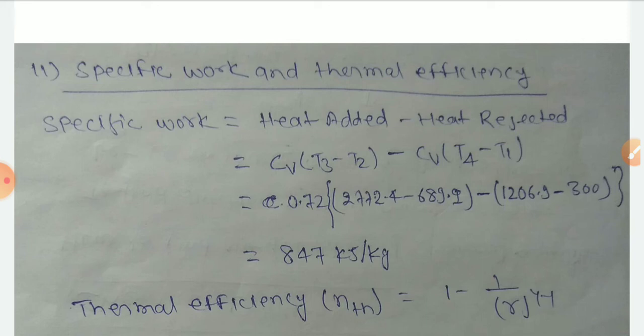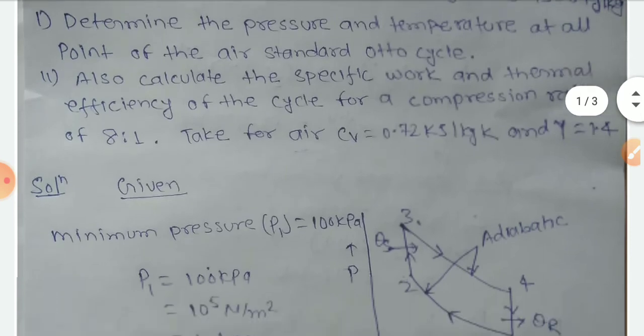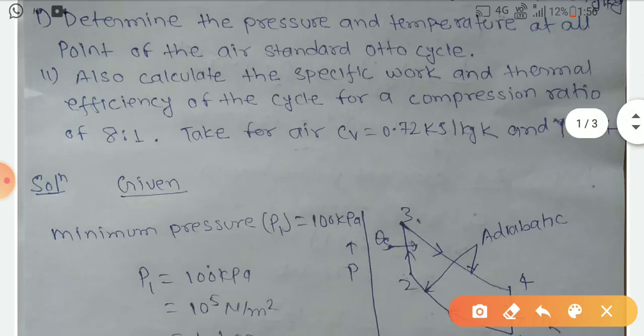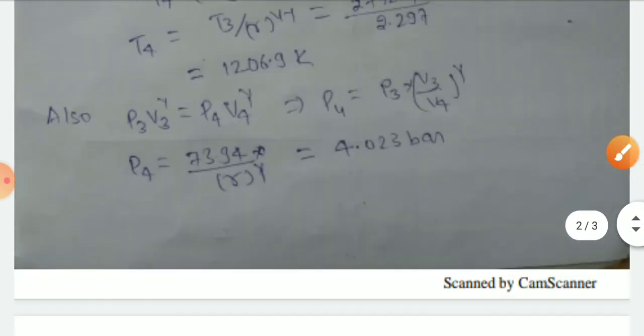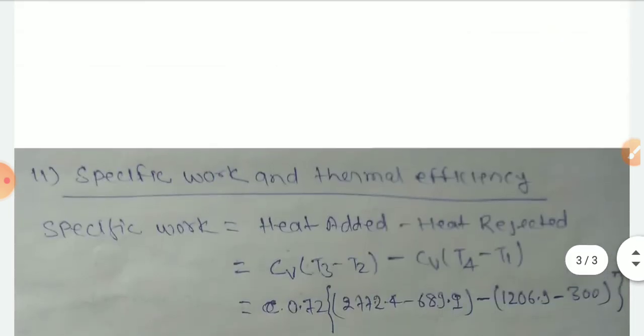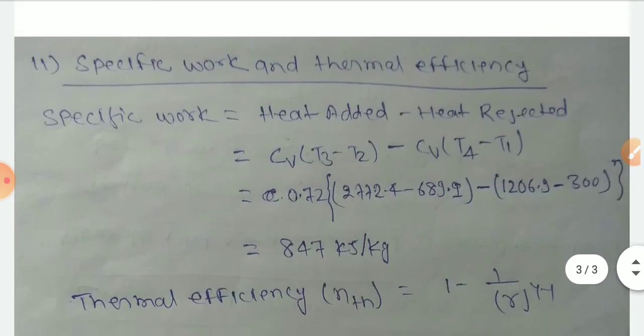Now you can go to the second step: find the specific work and thermal efficiency. You know that specific work is heat added minus heat rejected. Here heat is added in process 2 to 3 and heat is rejected in process 4 to 1. So you can write Cv (T3 minus T2) minus Cv (T4 minus T1).